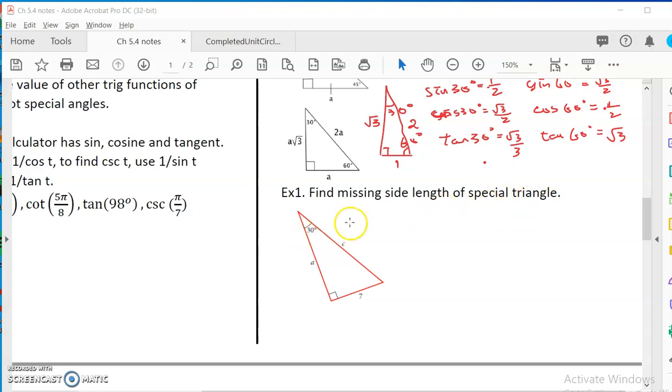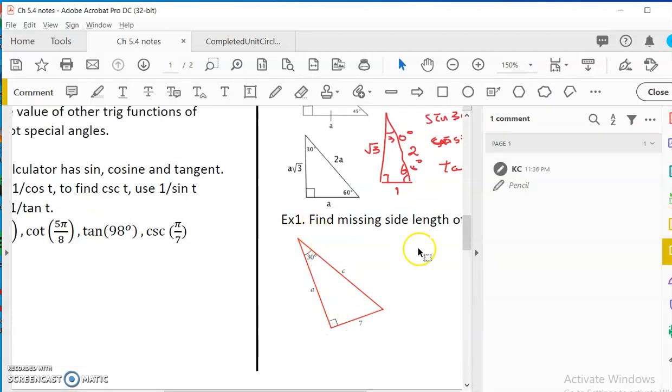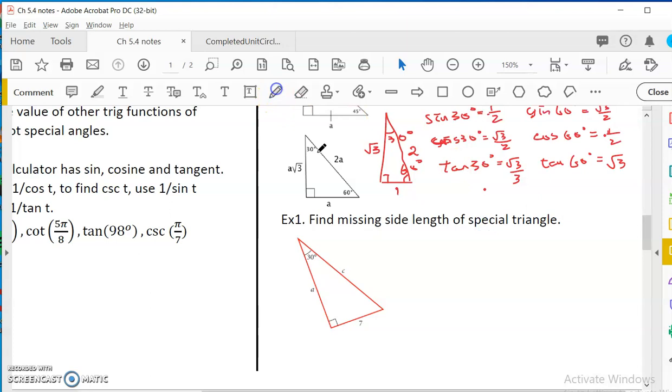So we want to find a missing side of a special triangle. Why is it special? Because one of the angles is a right angle, of course, and one of the acute angles is 30. So this is a 30-60 right triangle.